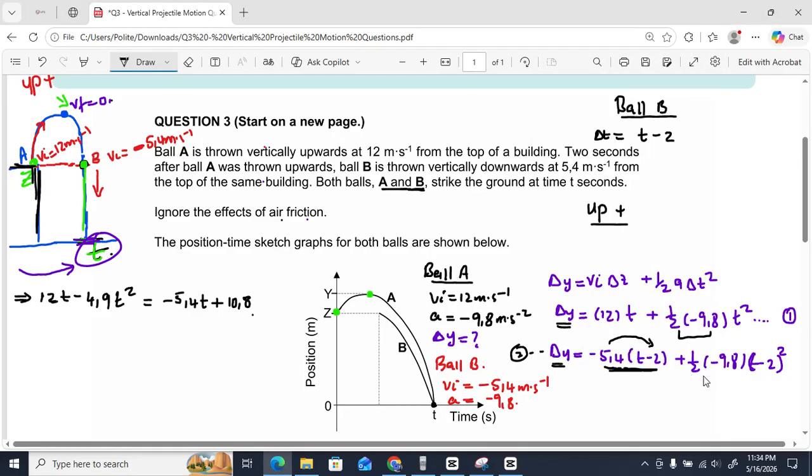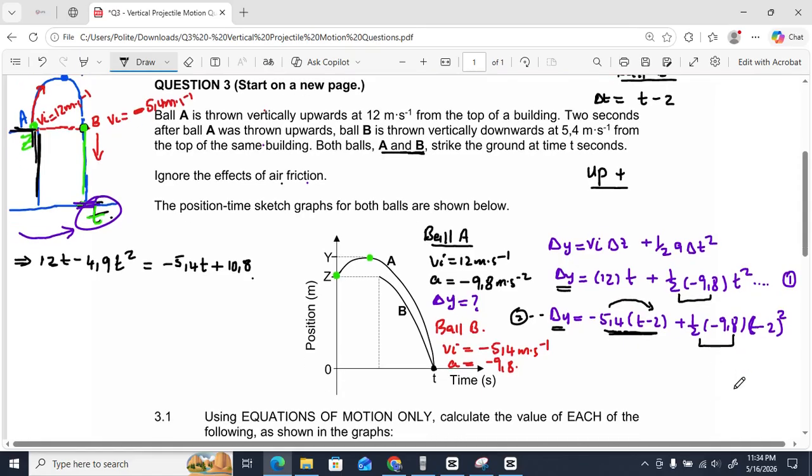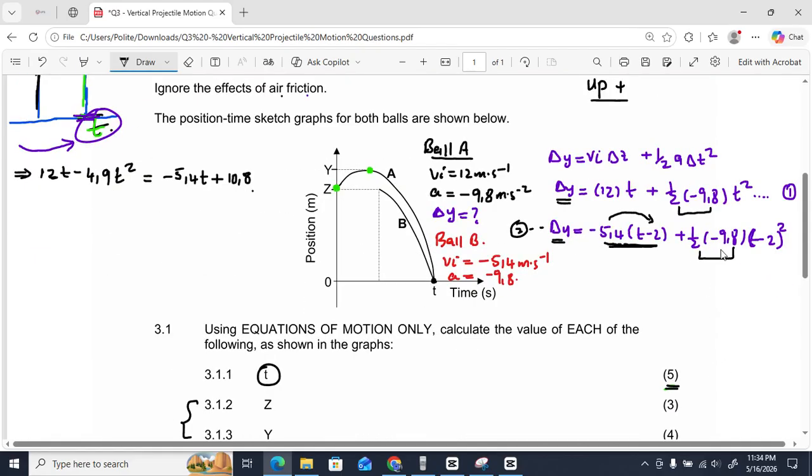Now I'm going to work on this too, guys. Half of negative 9.8 is negative 4.9. We said it's 4.9 into t minus 2 squared. So I'm going to write this as minus 4.9, then expand the bracket, t minus 2.